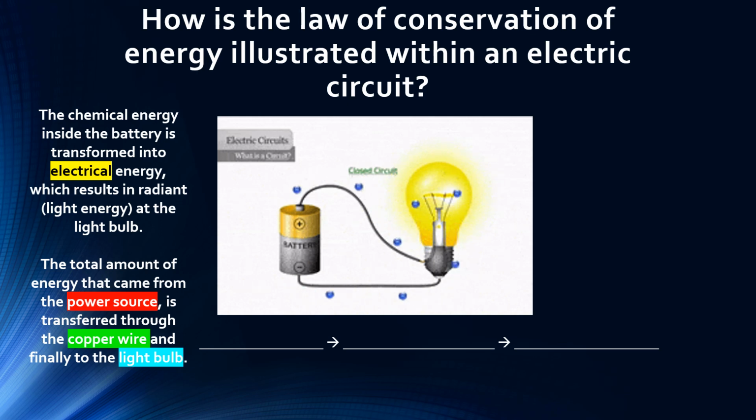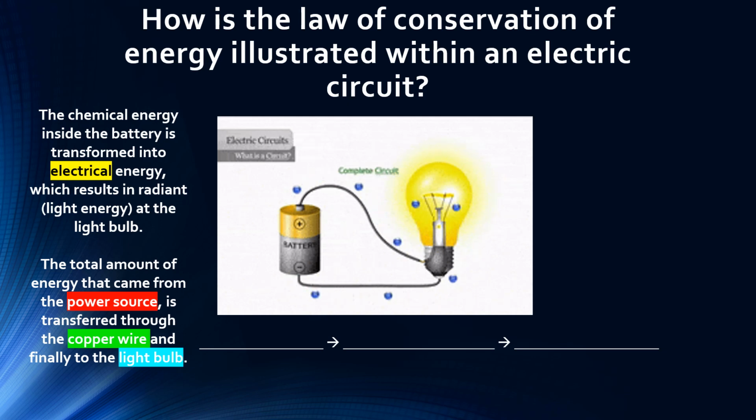And so what we need to know here is, the answer to this question is the chemical energy inside of this battery is transformed. It doesn't start with this battery and it doesn't end at the battery. In fact, that chemical energy is transformed into electrical energy as it travels through the copper wire, and it's going to result in that radiant light energy in our light bulb.